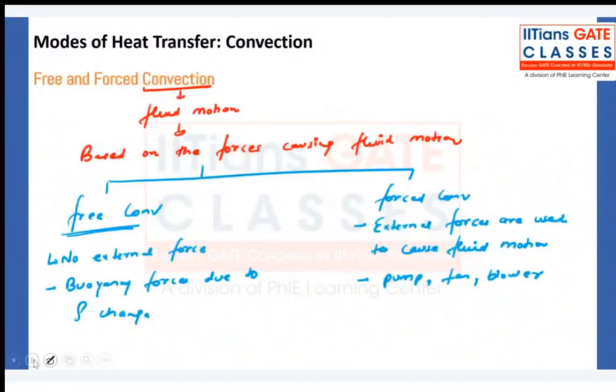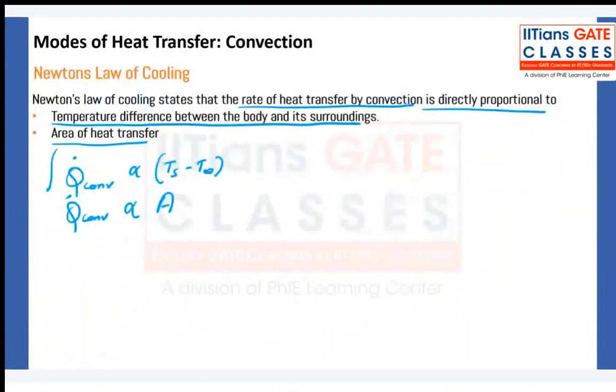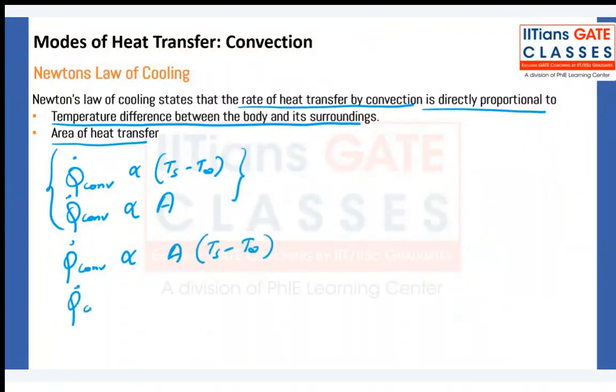If I combine both of them, I can write Q dot convection is proportional to area of heat transfer times Ts minus T infinity. And if I remove the proportionality sign, let me introduce another variable, h. Q dot convection equals h A (Ts minus T infinity). Now what is h? h is the heat transfer coefficient.